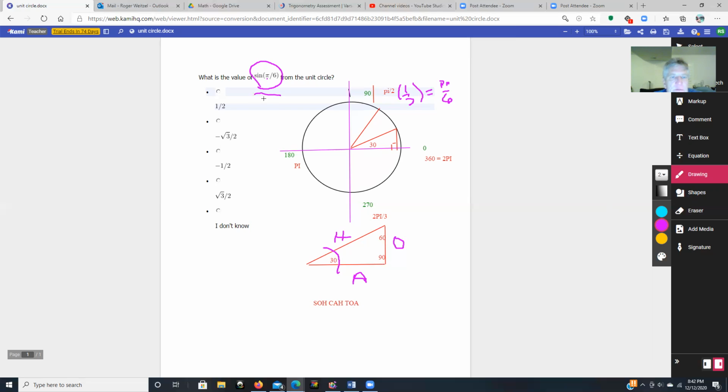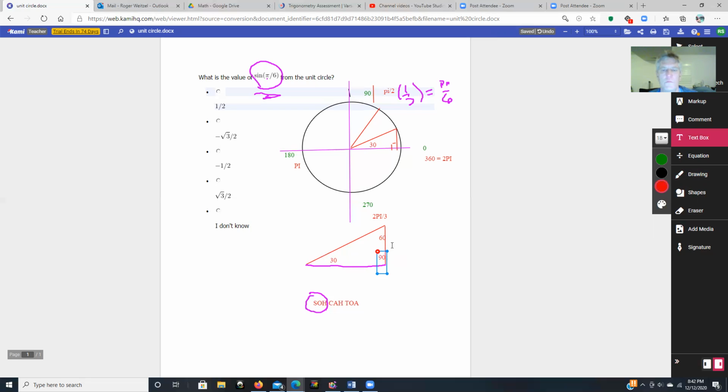Well, they are asking for the sine. So that means we're going to use opposite and hypotenuse. Now, the next thing I'm going to do is to just put in here, when we're dealing with a 30, 60, 90 triangle, the relationship on these sides: the shortest side is going to be 1.